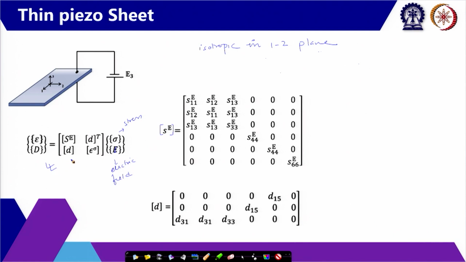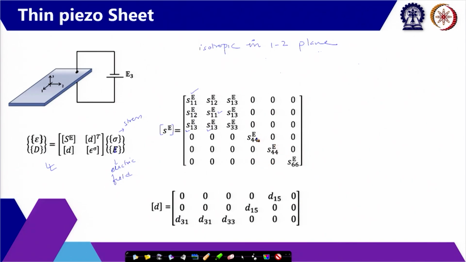The individual components of the constitutive relation look like this. Because of the isotropy in the 1-2 plane, we can see that S11 and S22 are the same, and similarly S13 and S23 are the same. And also we see that there is no coupling between normal and shear components, and no coupling within the shear components as well.